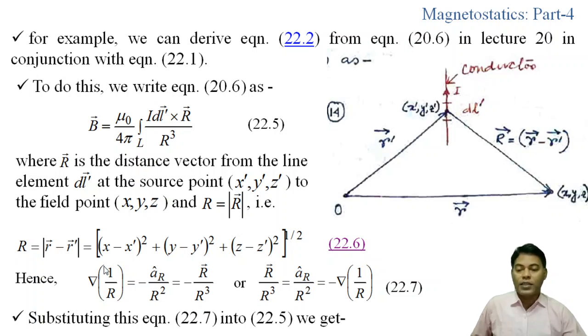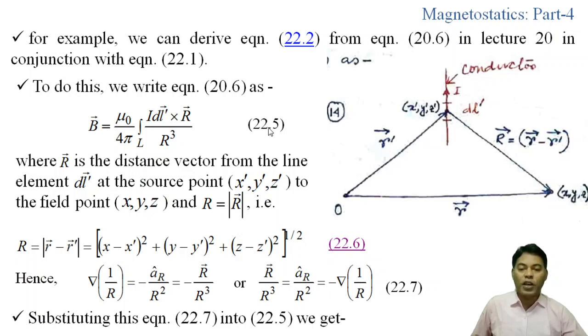We have seen earlier that this unit vector a_R by R squared equals the vector R by the magnitude of R cubed. So ultimately, grad of 1 by R equals minus vector R by R cubed. Finally, what we get from this expression is that vector R by R cubed equals minus grad of 1 by R.